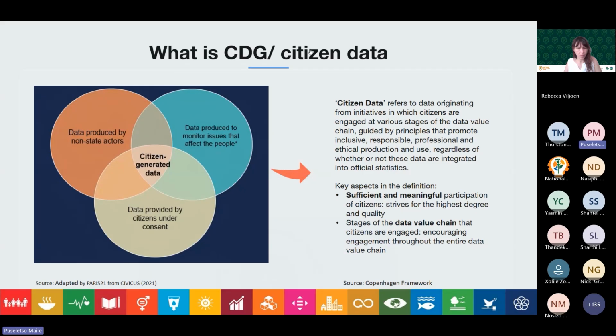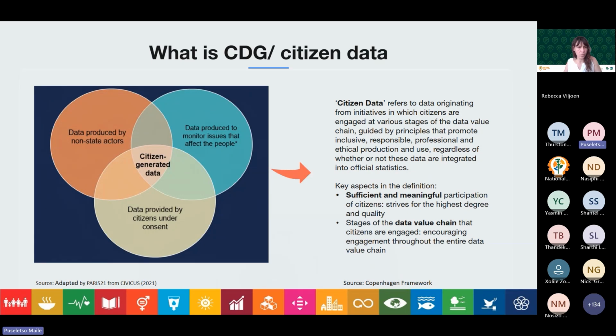So according to Civica, citizen-generated data is data produced by non-state actors, data produced to monitor issues that affect the people, data produced by citizens under consent. This definition has been adopted under the Copenhagen framework and is now being called citizen data as of March 2025. Citizen data refers to data originating from initiatives in which citizens are engaged at various stages of the data value chain.